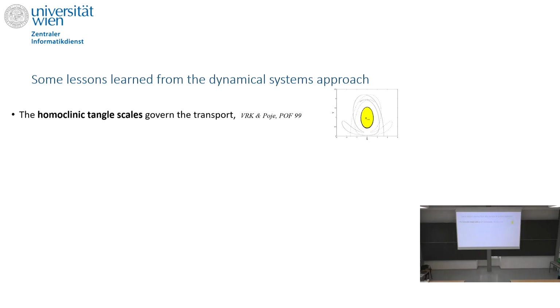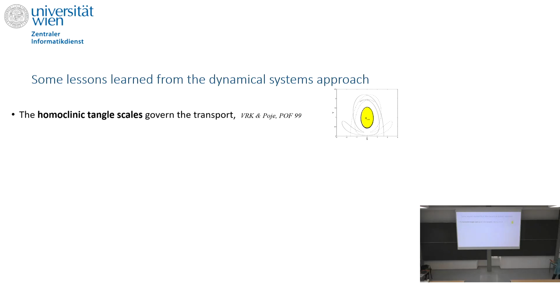I think there was a beautiful talk yesterday about how many different length scales one can get in one fluid problem. What I suggest is that these structures tell you that there are additional length scales. If you identify that you have such a homoclinic or heteroclinic structure and such a manifold, then there is a length scale and time scale associated with it.